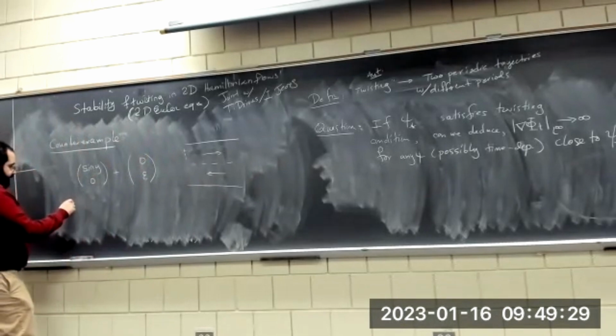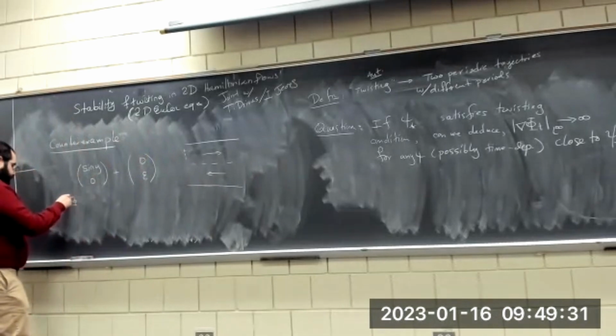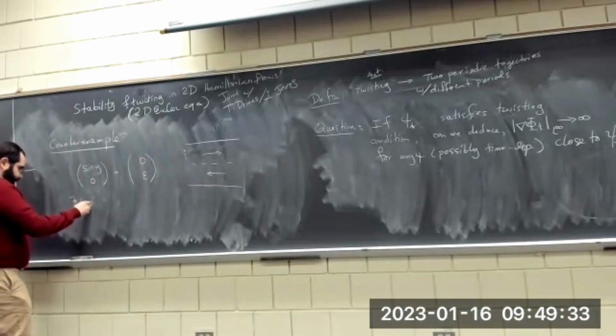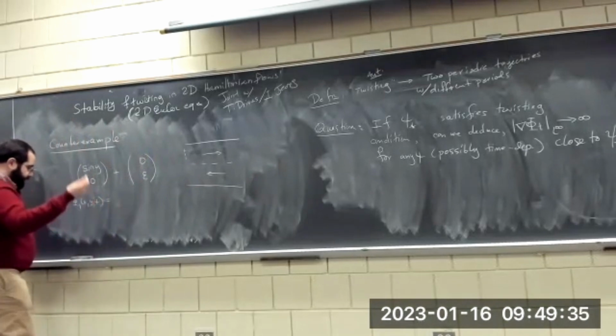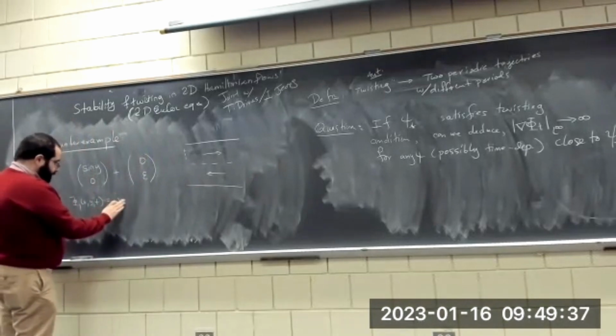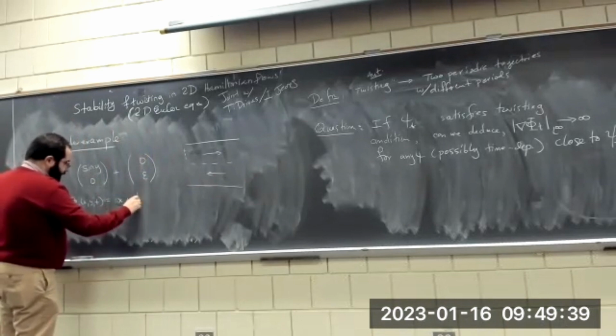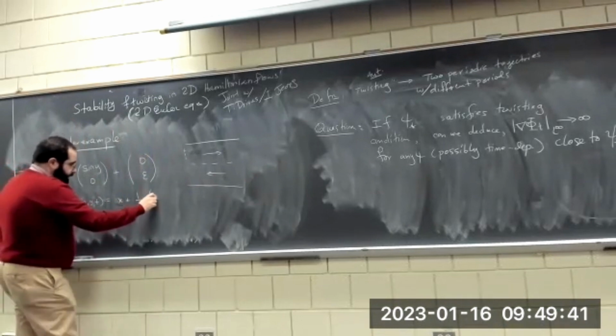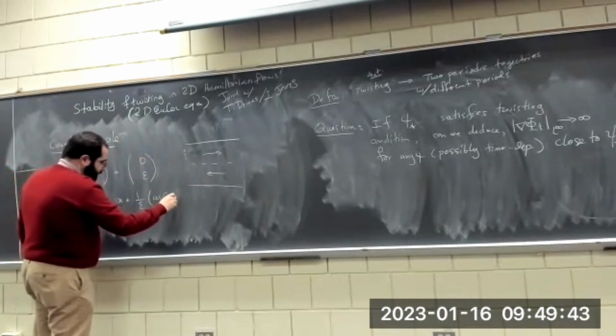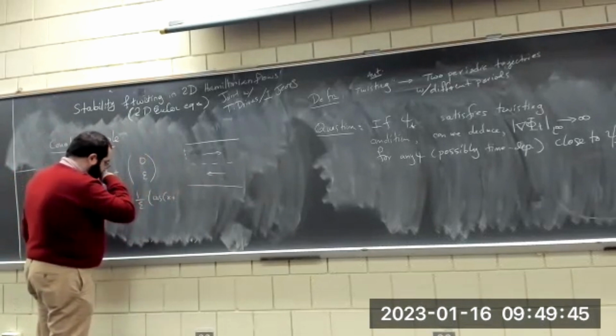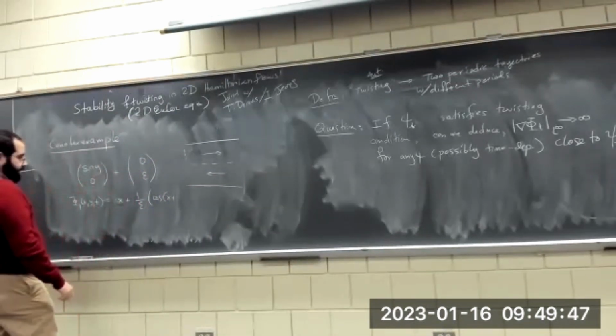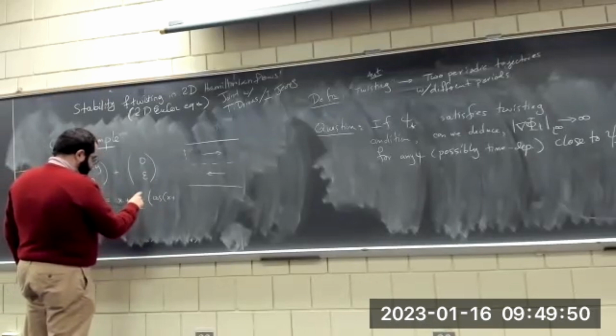So the flow map in this case, phi1, if you want the formula, I hope I got it right. Maybe it's a minus sign, whatever.